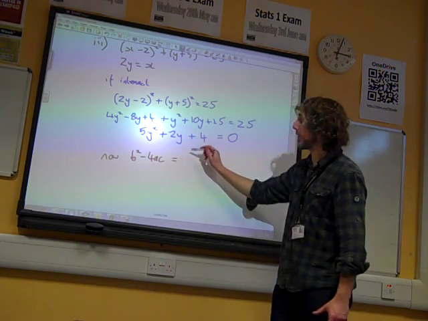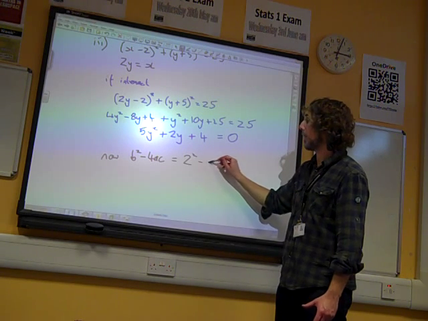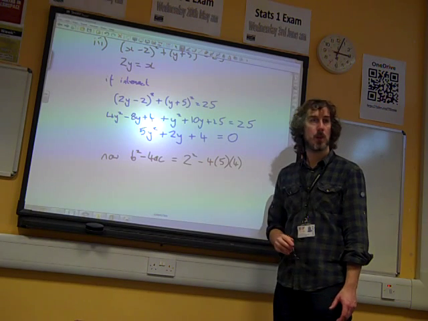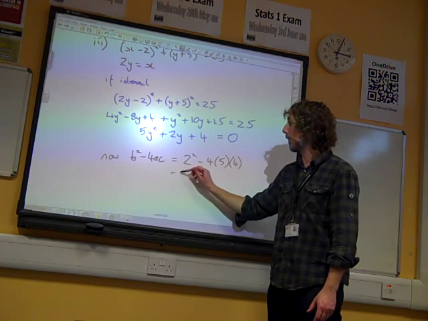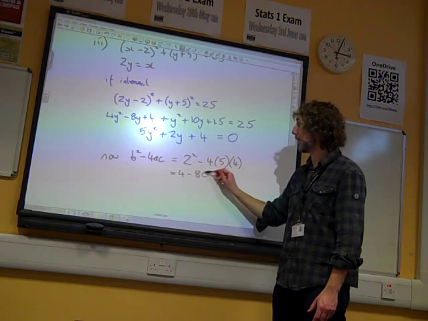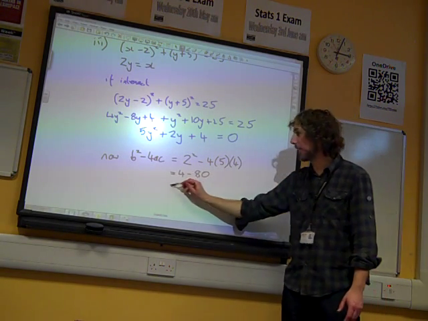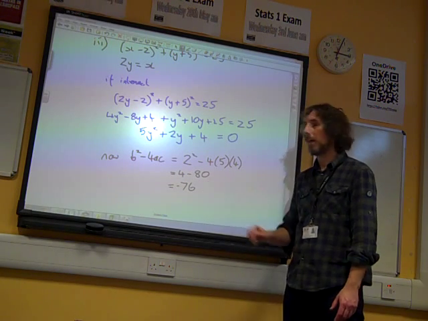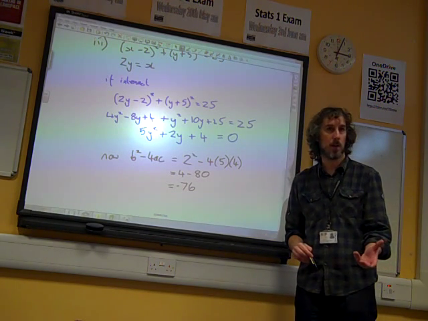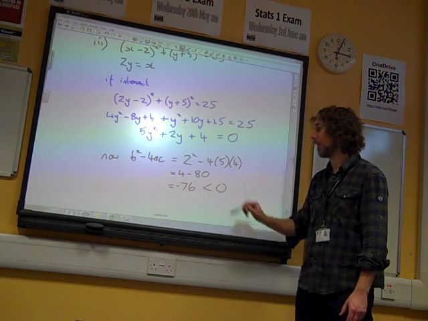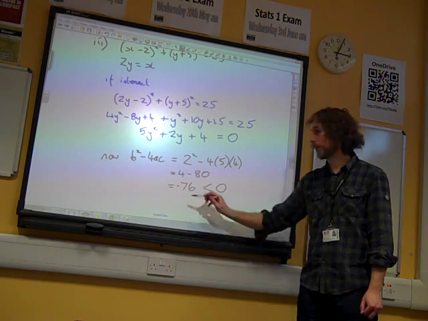That is b squared, so 2 squared, minus 4ac. And can we see we've got 4 take away 80, which is minus 76. And we know, it's on our poster, that if b squared minus 4ac is less than 0, that means there are no real roots.